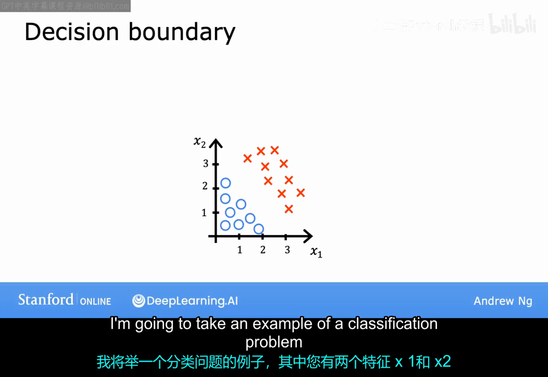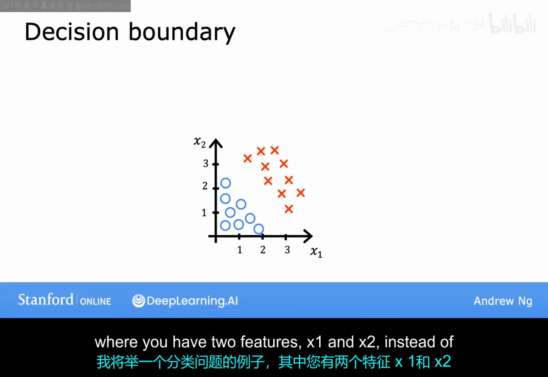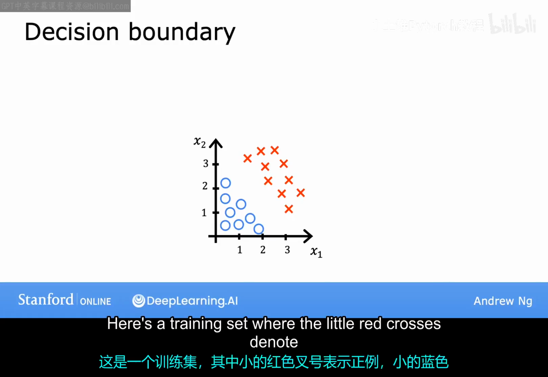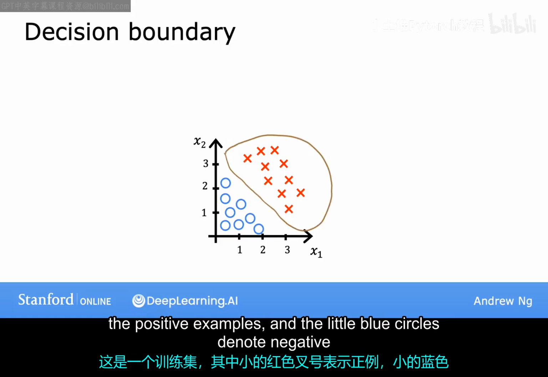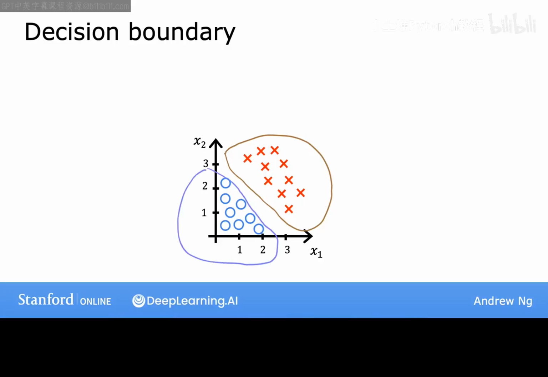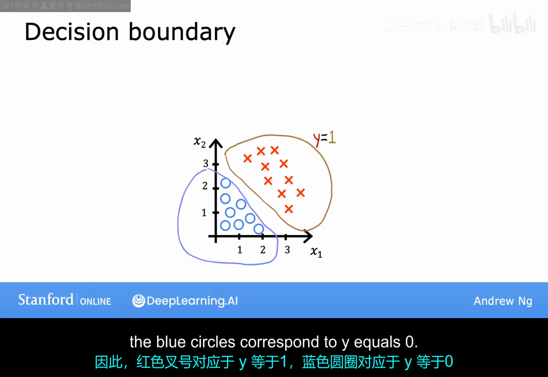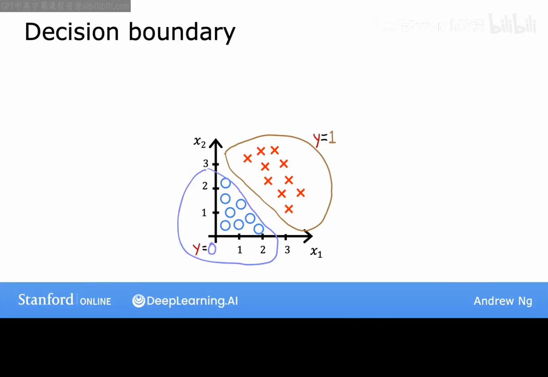I'm going to take an example of a classification problem where you have two features, x1 and x2, instead of just one feature. Here's a training set where the little red crosses denote the positive examples and the little blue circles denote negative examples. So the red crosses correspond to y equals 1 and the blue circles correspond to y equals 0.